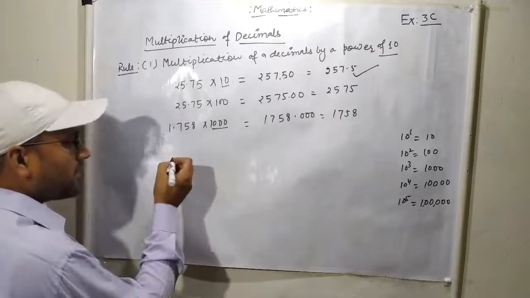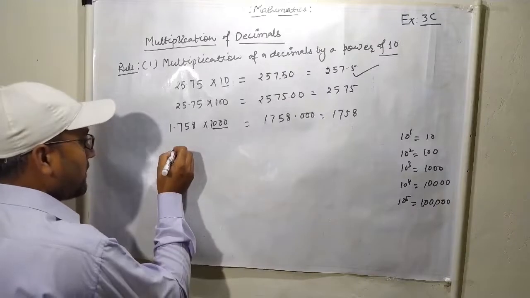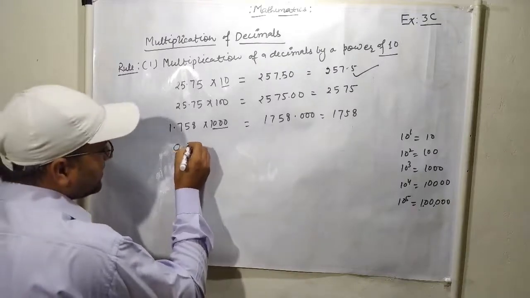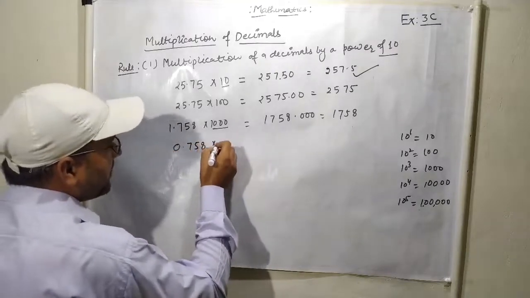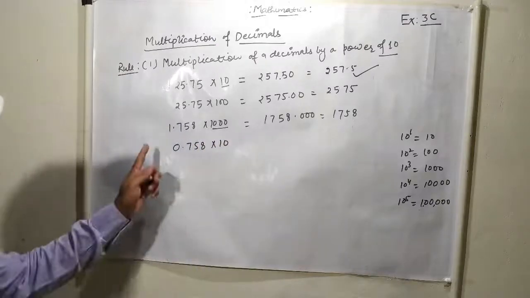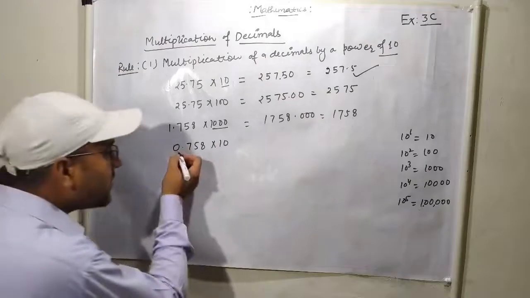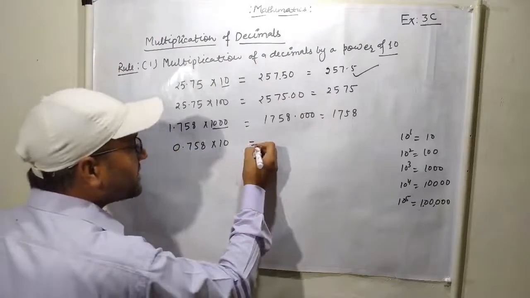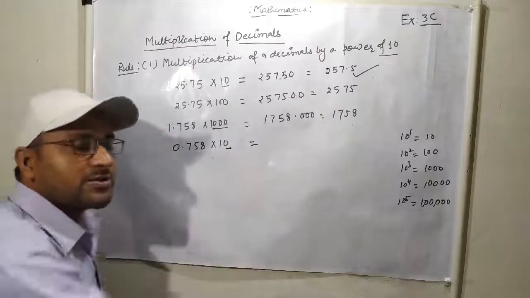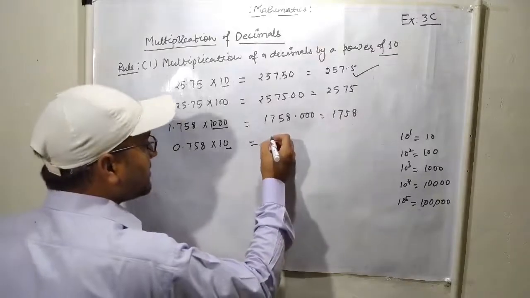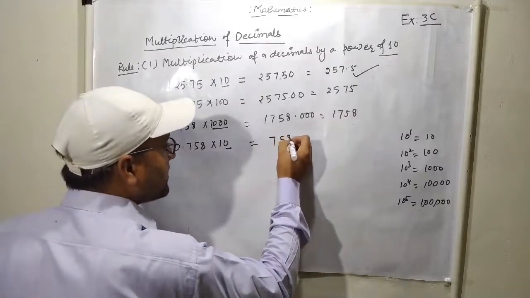Suppose one more example: 0.758 multiplied by 10. Then your decimal point shifts 1 place to the right, because there is one zero. So your answer is 7580.